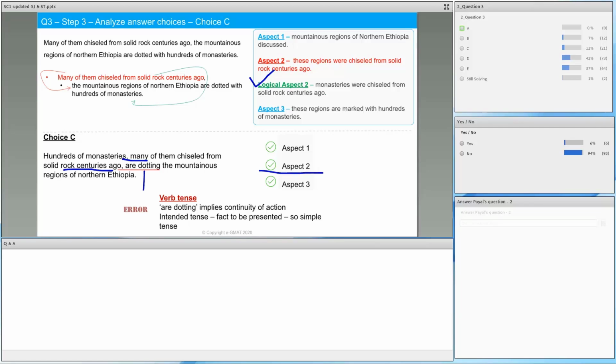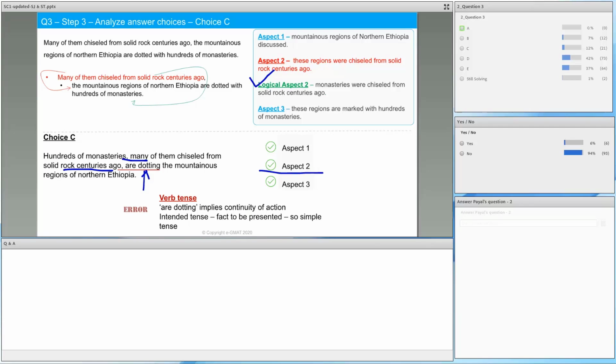And that grammatical error is the usage of this verb, which is in present continuous tense. What does this mean? Hundreds of monasteries are dotting the mountainous regions of northern Ethiopia. The use of present continuous tense presents an action that is going on right now at this point in time as we speak. But that is not the meaning of the sentence.